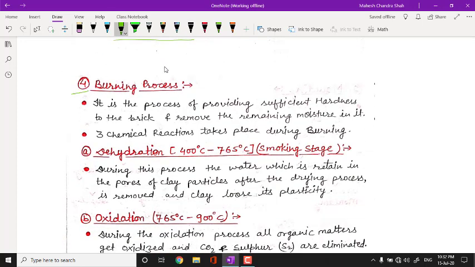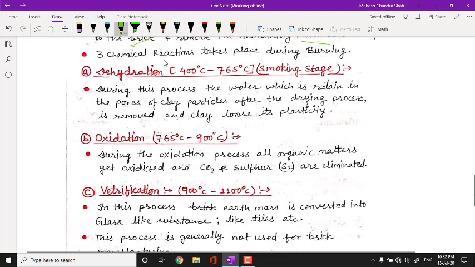After molding and drying, the brick is put in the kiln for burning. It is done to provide sufficient hardness to the brick and to remove the moisture which is remaining in the dried brick. There are three chemical reactions which take place during burning.